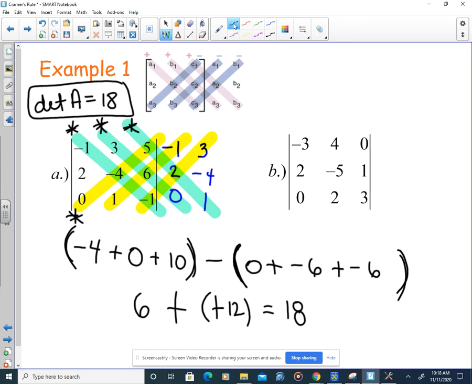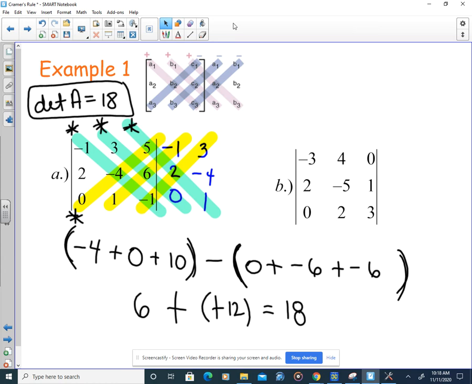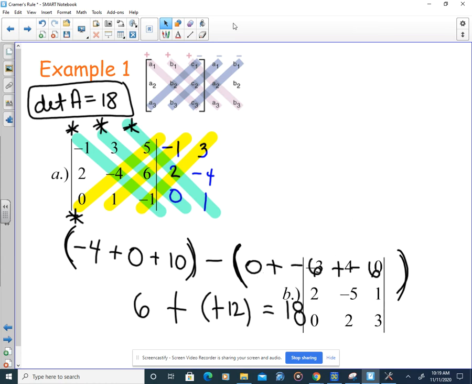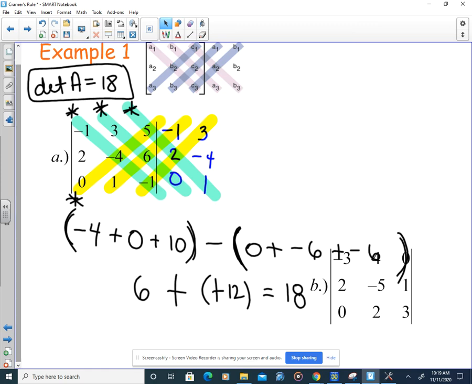All right, so now let's find the determinant of B. Why don't you pause the video and try to do it on your own? See if you can find the determinant of B before we work it out here.